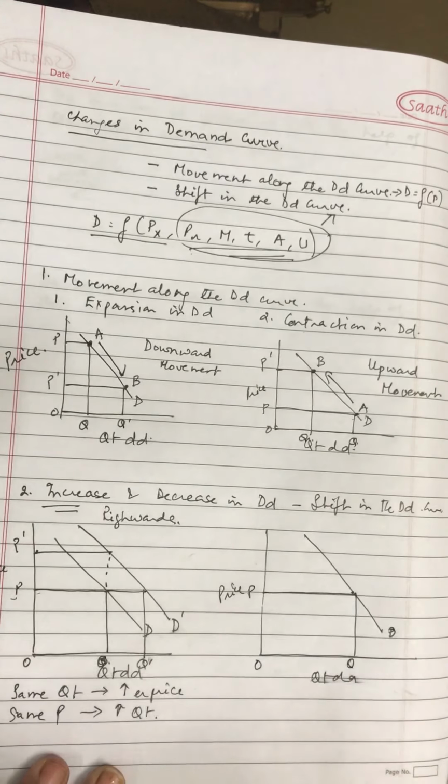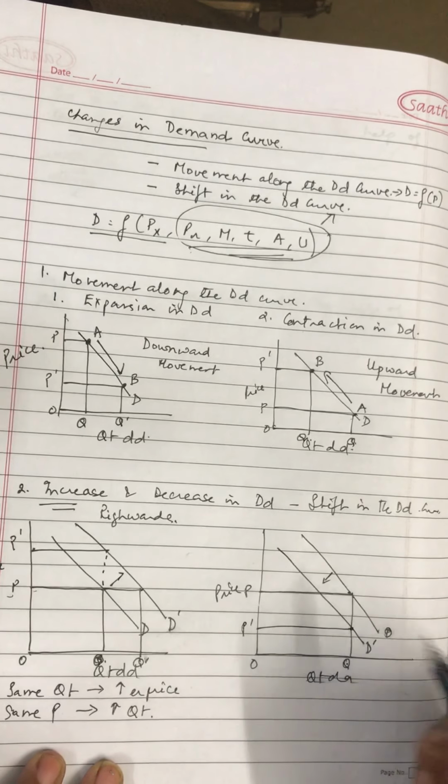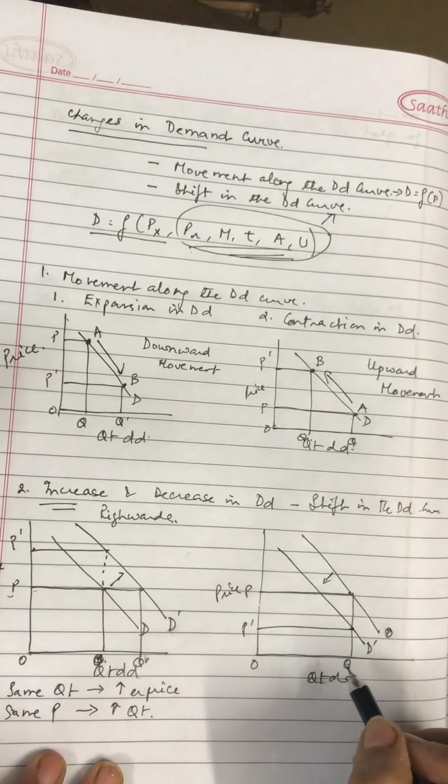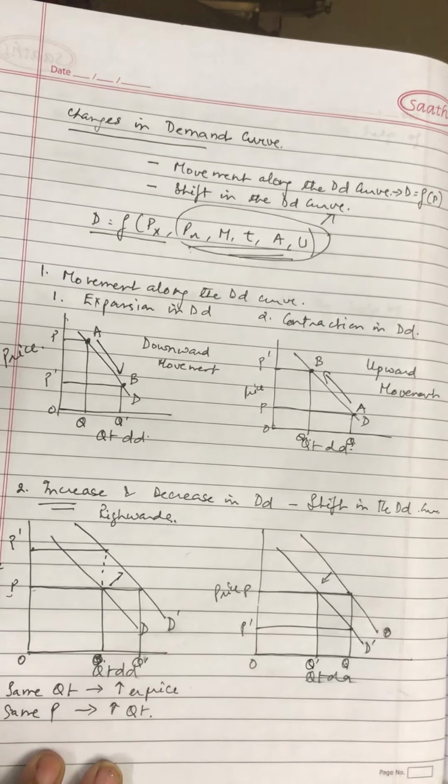Here it moved on this direction, here it is moving in this direction. Now you will find that for the same quantity, now he is willing to pay a lower price, that is P dash. And for the same price, he is willing to purchase less quantity, that is Q dash.